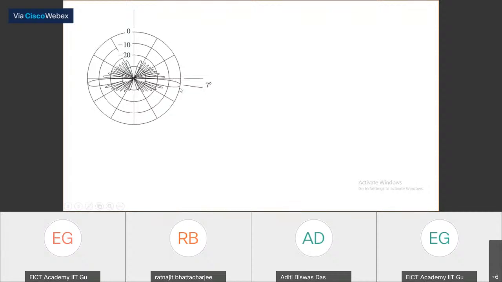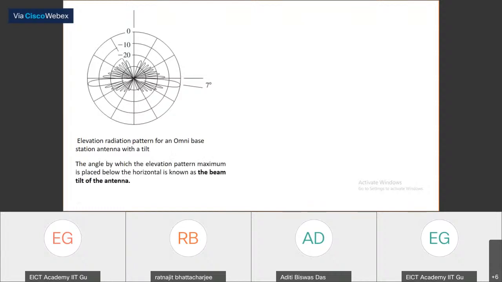Here it is shown as, say, 7 degrees. It depends upon the requirement. So this is the elevation radiation pattern for an omni base station with a tilt, and the angle by which the elevation pattern maximum is placed below the horizontal is known as the beam tilt of the antenna.